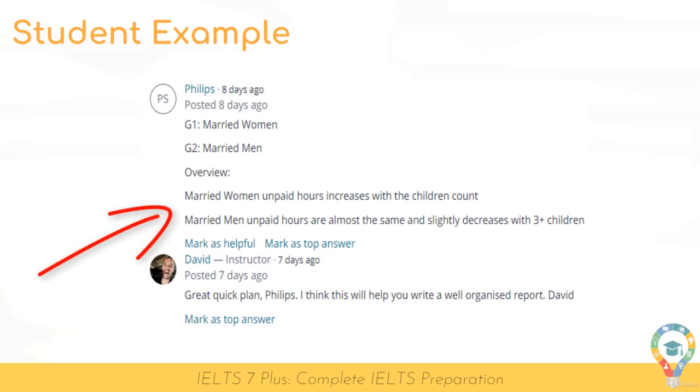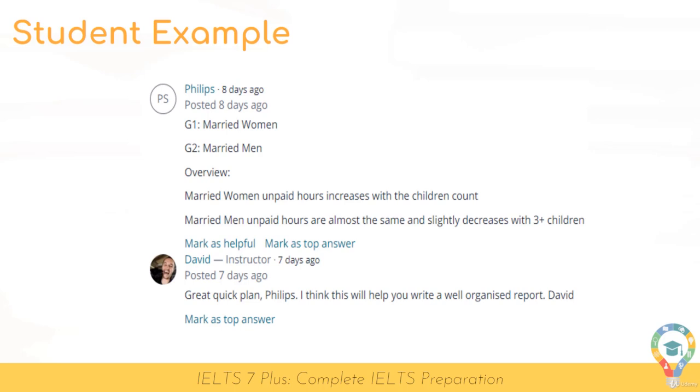Married women unpaid hours increases with the children count, with the amount of children. Okay, so I'm still thinking of employment and people having children. And the next part, married men, unpaid hours are almost the same and slightly decreases with 3 plus children. So I'm definitely starting to think that the data is showing something about work and children.